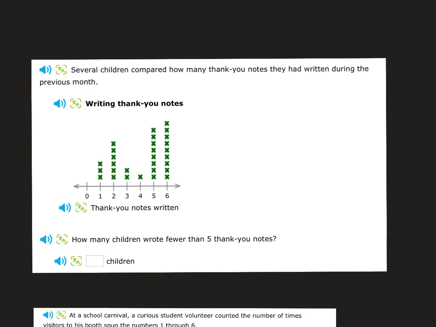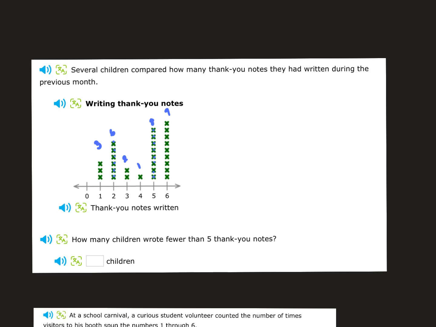So first question, several children compared how many thank you notes they had written during the previous month. So we see that we've got 3 ones, 6 twos, and so on, 9 total.